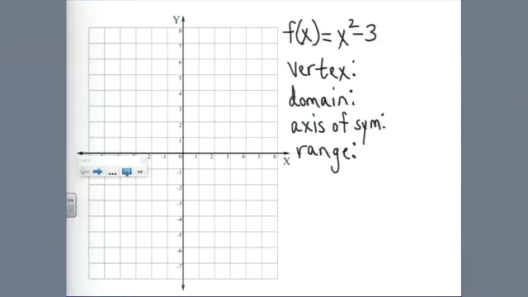Well, graph the vertex, plot the vertex, and get the graph of the parabola.